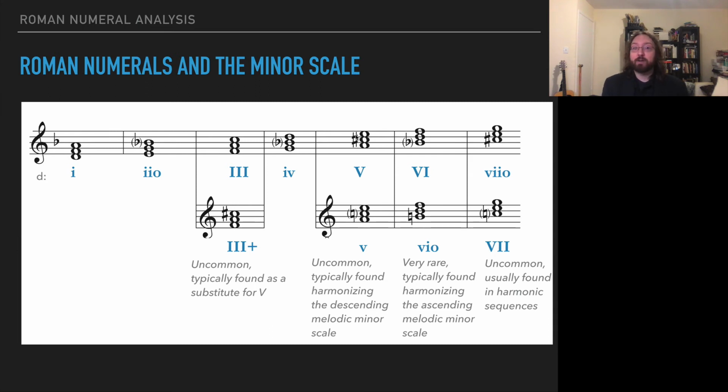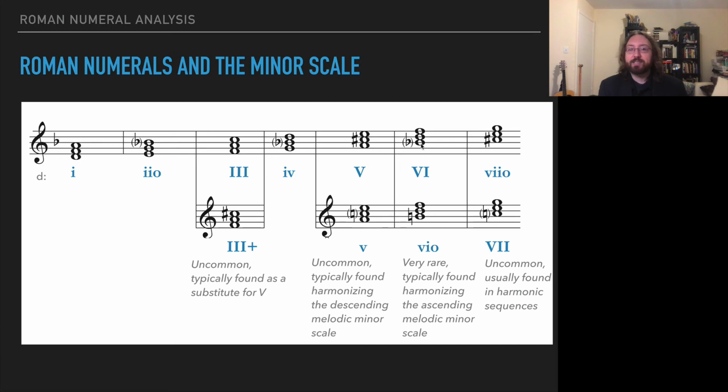And you'll often see that raised when you are analyzing. So assume, it's always difficult to assume, but assume that if you're working in the minor mode that you're probably going to see that. But there are some exceptions. So here we have the chord built on scale degree 5. A up to C sharp is a major third, so it is a capital 5 there.